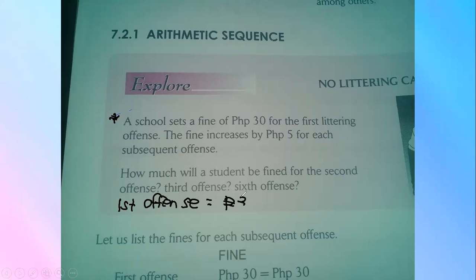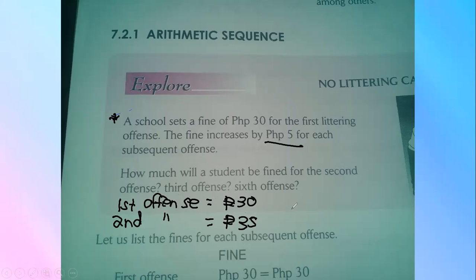So that's 30 pesos. Sabi dito, kada offense nag-i-increase siya by how much? By 5 pesos. So ibig sabihin, sa second offense mo, magkano? So kung nag-i-increase siya by 5 pesos, ibig sabihin, in your second offense, it's 35 pesos na.